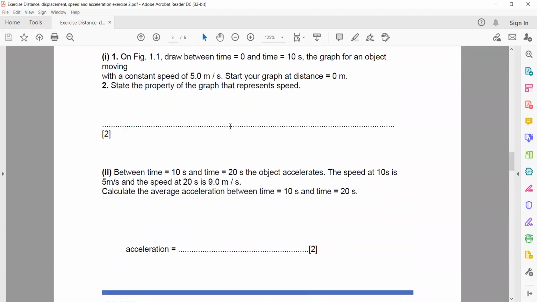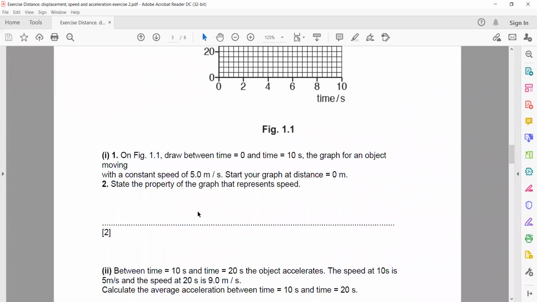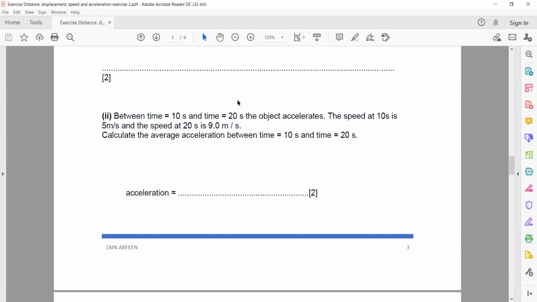Another part, why it is of 2 marks: 1 mark is for the graph and 1 mark is for mentioning that the gradient represents the speed.